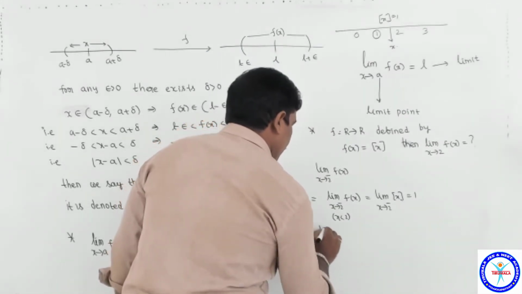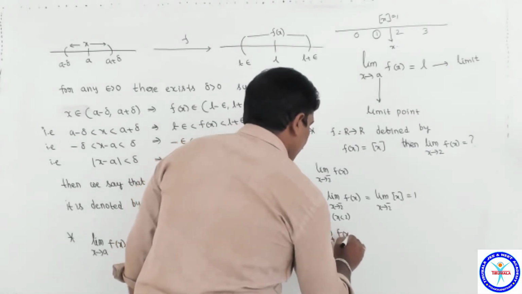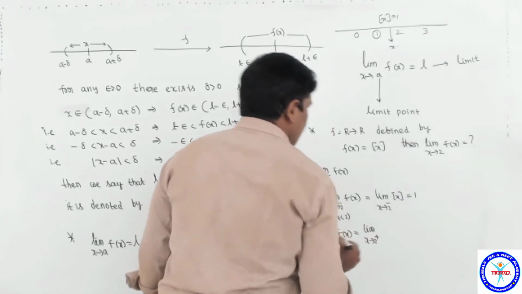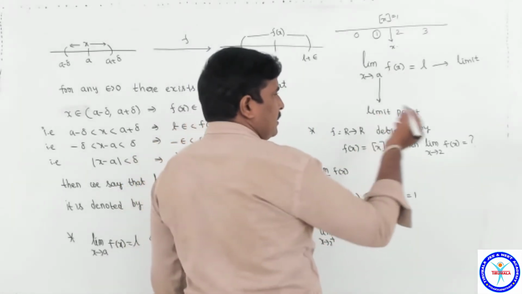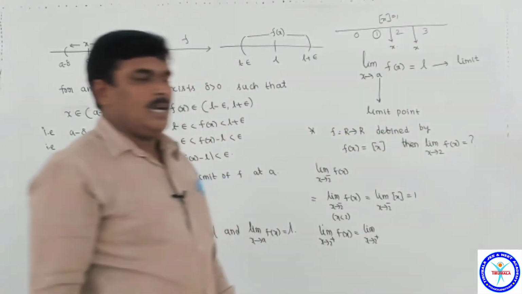At the same time, limit as x tends to 2 plus of f of x: x tends to 2 plus means x greater than 2. Here x lies between 2 and 3.